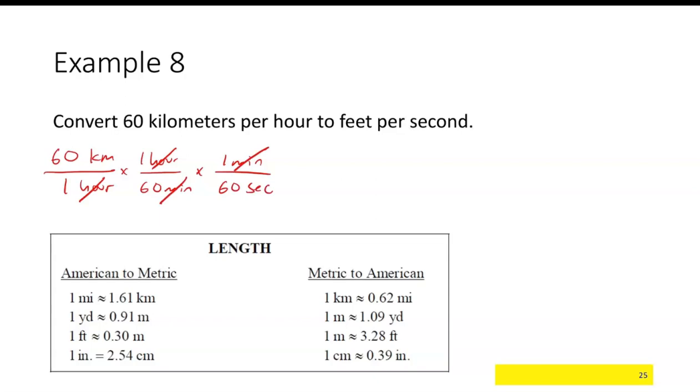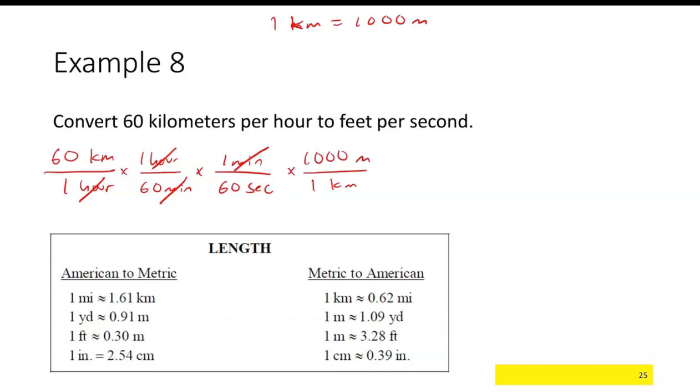Okay. So now this is in terms of kilometers per second. But instead of kilometers, I want to get to feet. You can do this a couple ways. Let's just convert to meters first and then convert to feet. What I know is that 1 kilometer is 1,000 meters. I have kilometers on top, so I'll put the 1 kilometer on the bottom and 1,000 meters on top.